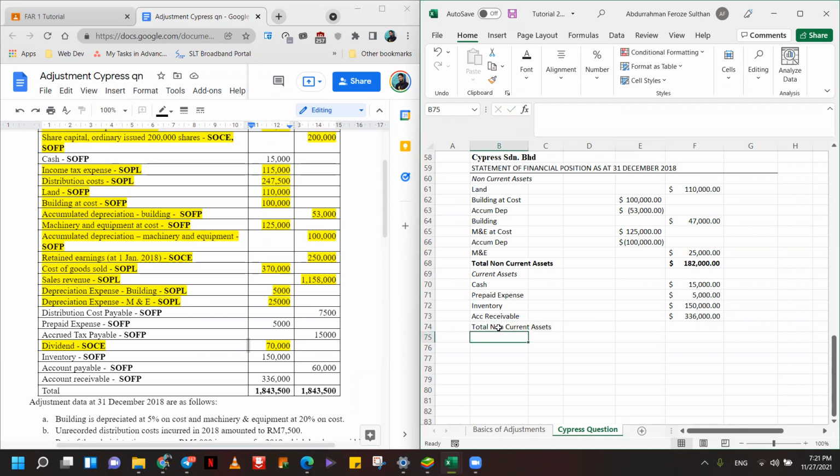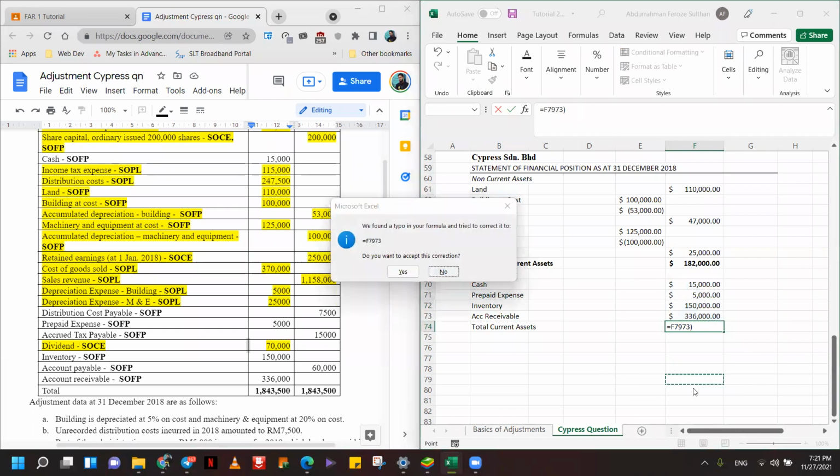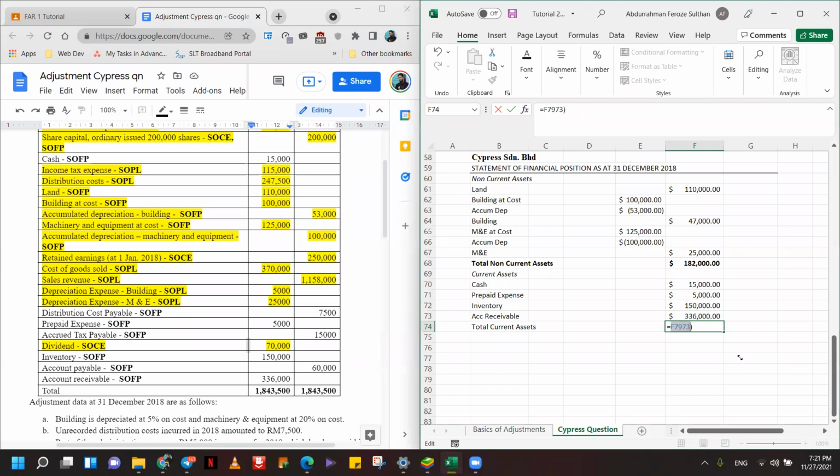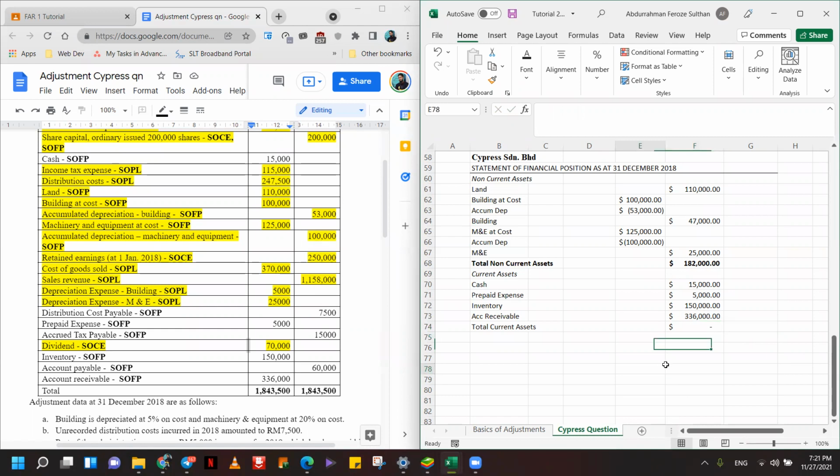Total equals sum. Okay, and then we have total assets equals this one plus this one.